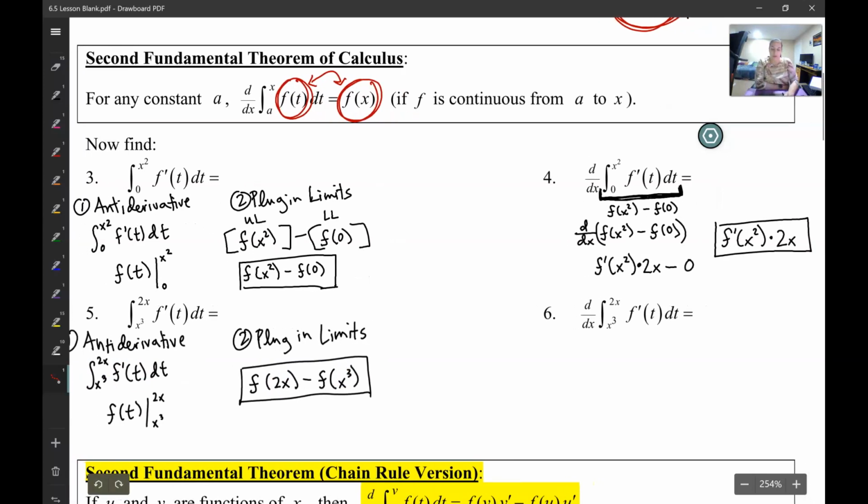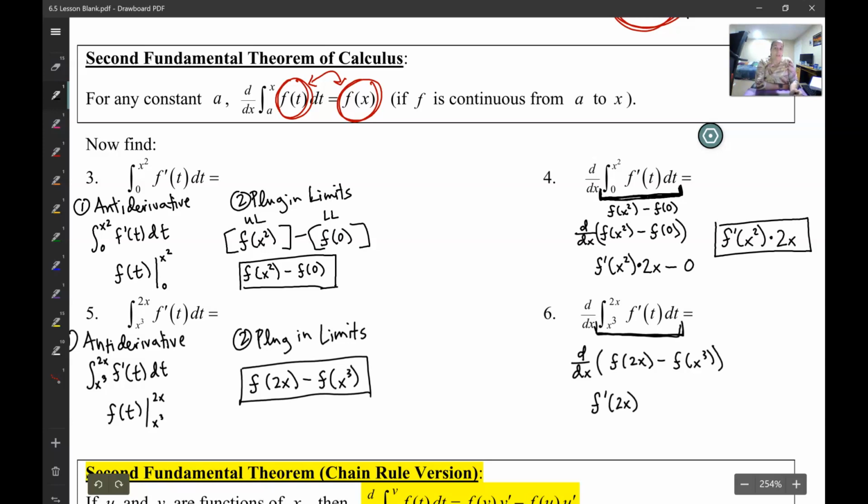Now let's do number 6 together. Remember that this is number 5, so let's plug in what we got from number 5. I'm going to take the derivative of f of 2x minus f of x cubed. Let's do this one at a time again. The derivative of f is going to be f prime of 2x.